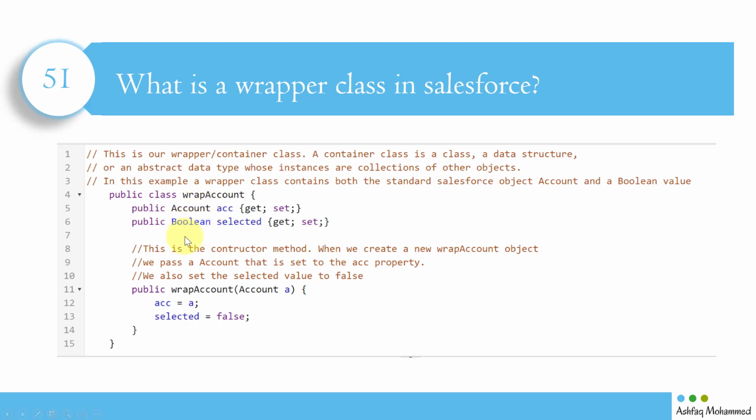So you can wrap those as well. It's not just specific to displaying accounts and opportunities, or accounts and contacts, or accounts and cases. Not just the objects, but you can wrap any variable. You can even wrap the collections as well. So it's not specific to only a few data types, but you can wrap any data type.